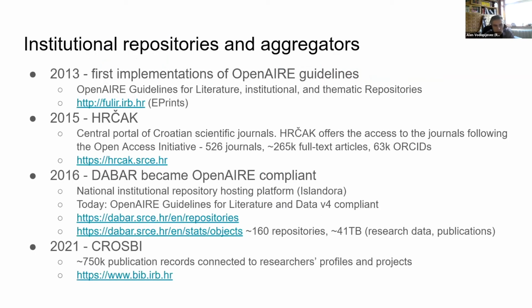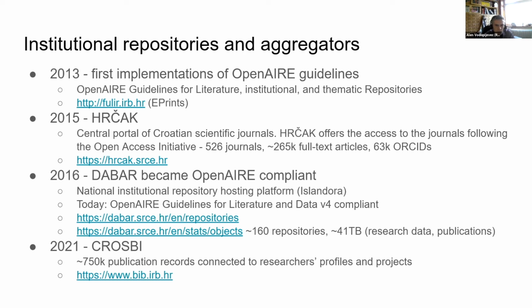So in Croatia, we started the first implementations of OpenAIRE guidelines and compliance with OpenAIRE somewhere in 2013, with institutional repositories based on EPrints, and some other repositories were also made compliant.